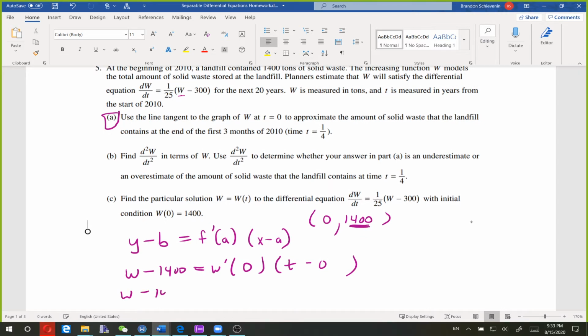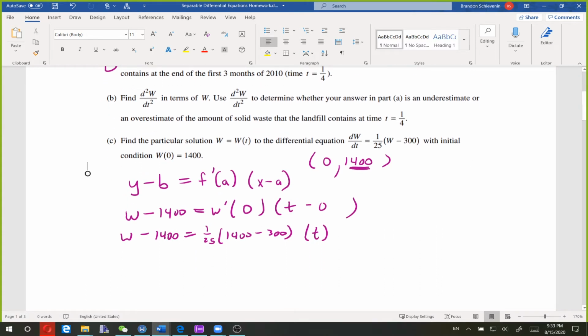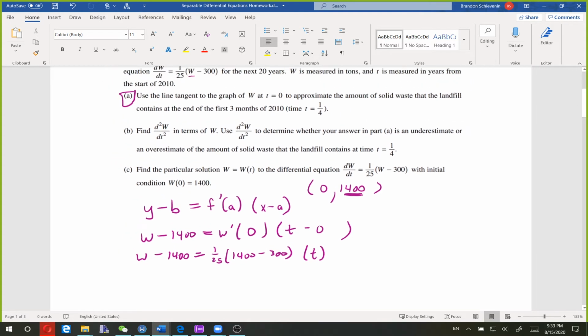So therefore W minus 1400 is equal to my derivative when t is 0. When t is 0, my W is 1400. So my W prime then would be 1 over 25 times 1400 minus 300, times t minus 0, which is t. Okay, any questions on what we've done so far? Zoom out so we can see the whole question again.